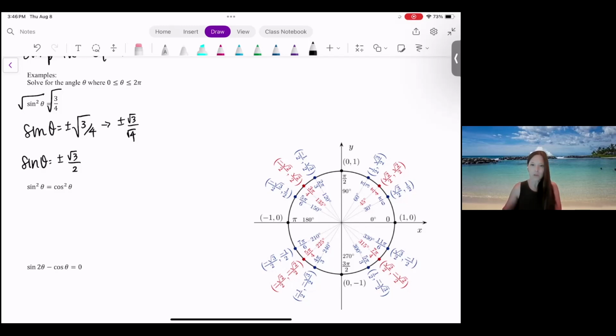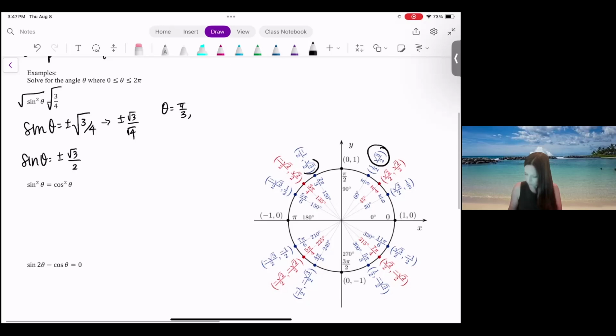So looking in the first quadrant, my y is root 3 over 2 right here. So the first solution I have for theta is pi over 3. Moving into the second quadrant, I see positive root 3 over 2 at 2 pi over 3.